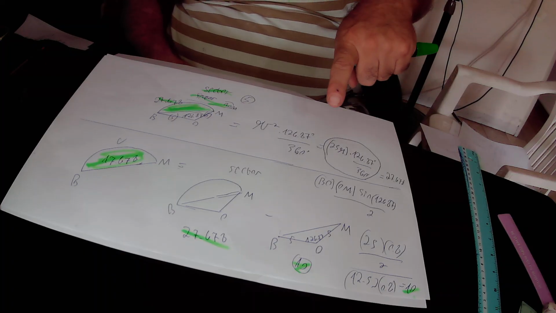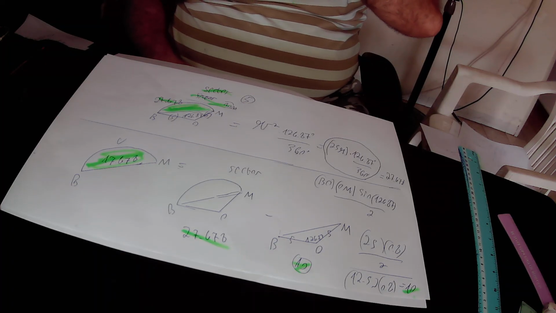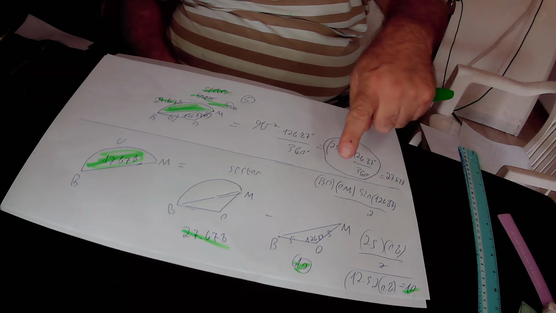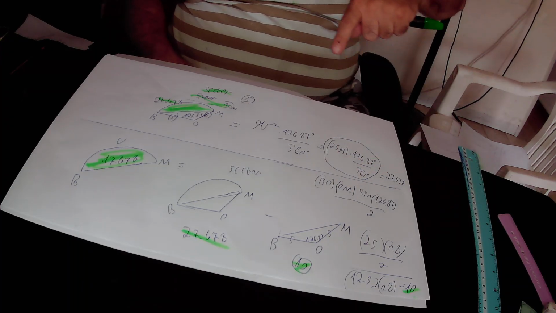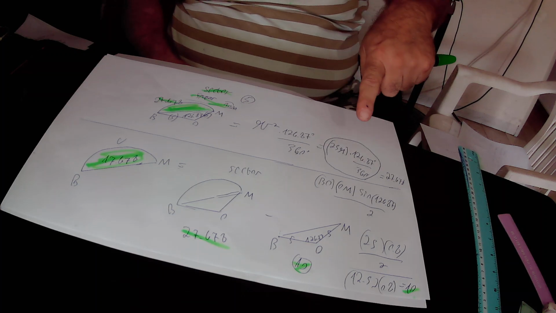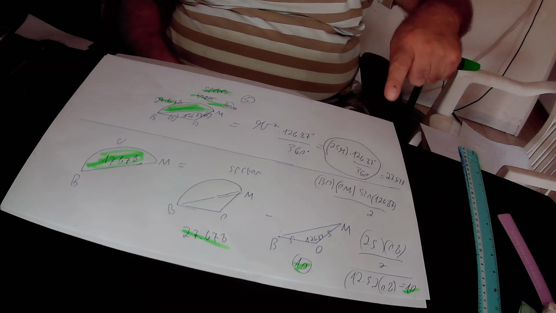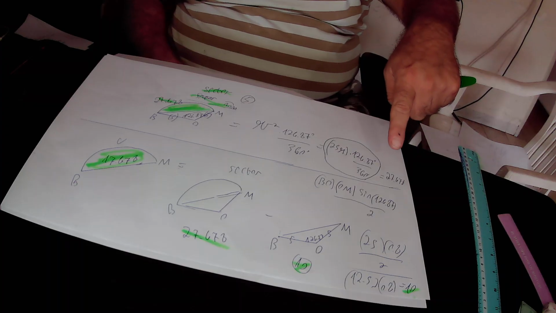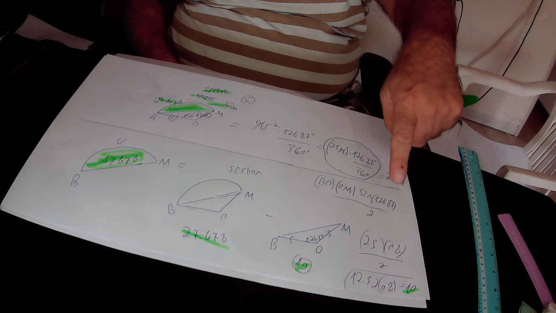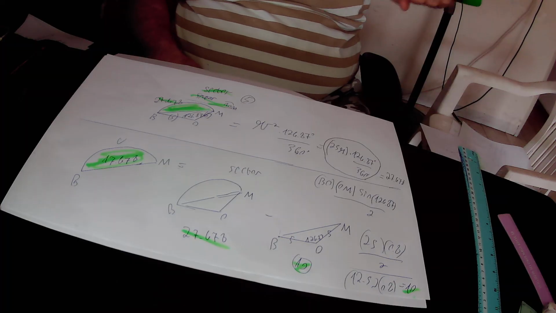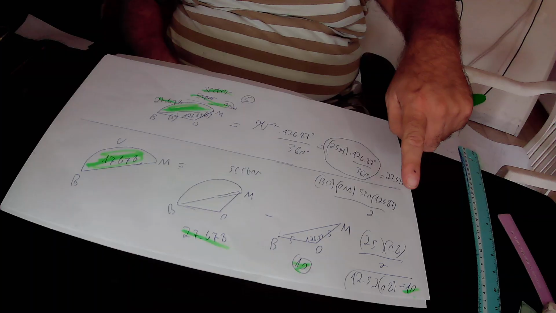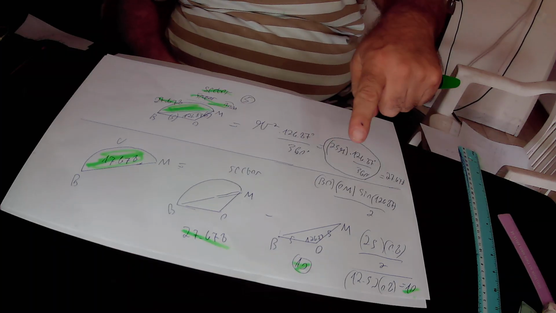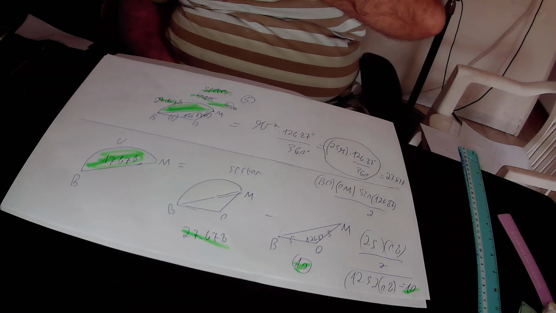BO equals 5, OM also equals 5, because they are the radius of the semicircle. So BO times OM is 5 times 5, that is 25. Sine 126.87 degrees is 0.8, divided by 2. 25 over 2 is 12.5, and 12.5 times 0.8 is 10. So we found that the area of this triangle BOM equals 10 square units in size.